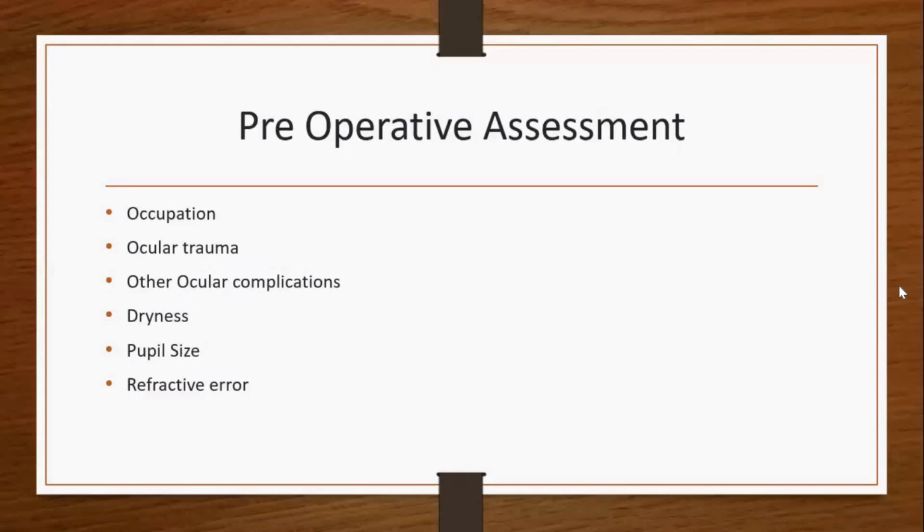We should measure the scotopic and photopic pupil size, and in some cases also the mesopic pupil size, before the IOL implantation, so that the patient will have clear vision after the surgery.